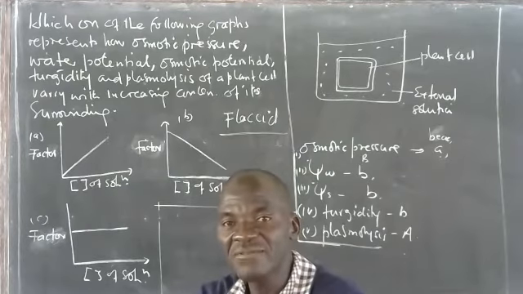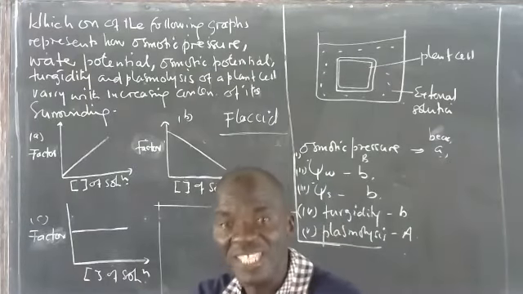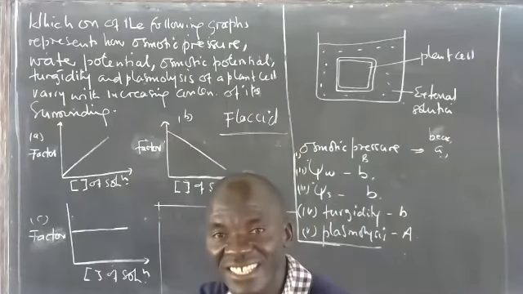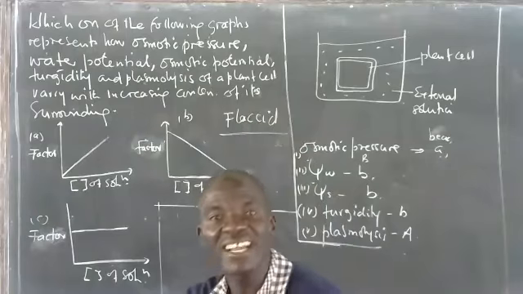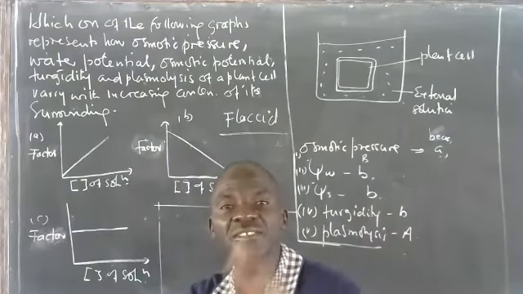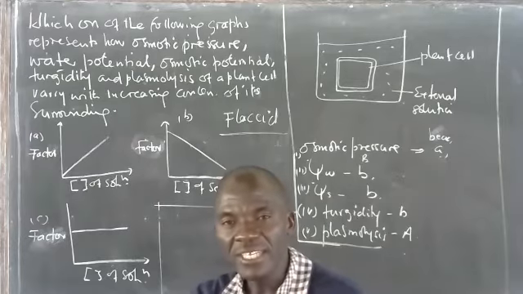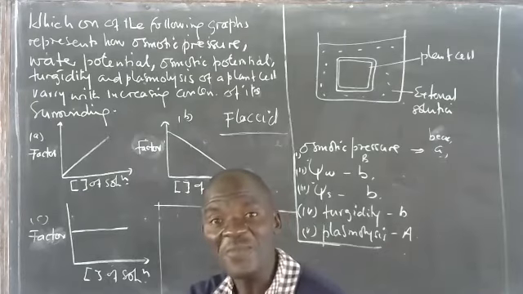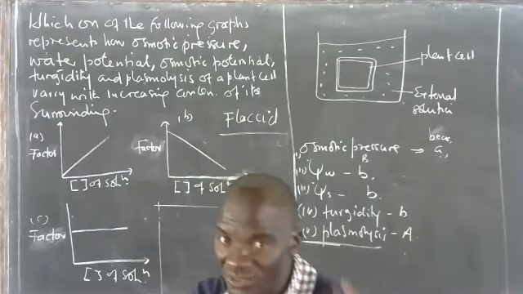And that means if there is still a difference in concentration, that cannot stop osmosis. Because so long as there is a gradient and there is semi-permeability, if those two factors are in place, there is no way you can stop osmosis. When a cell is turgid, water will still continue to move from a dilute solution into the concentrated cell.